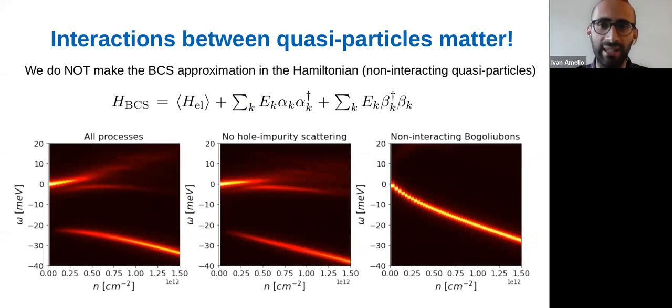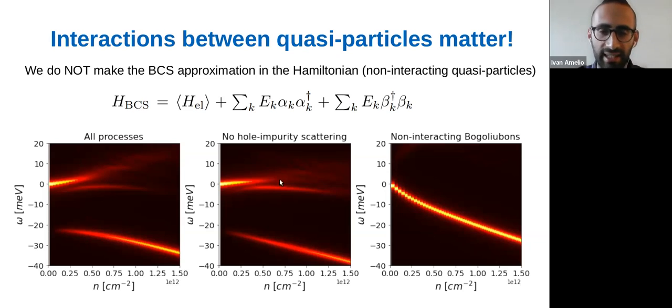Okay, so now one can ask what is the relative importance of these different processes. And so here is what I showed you before: diagonalizing the complete Hamiltonian in the Chevy subspace. Here I neglect the terms where the impurity scatters with the hole.